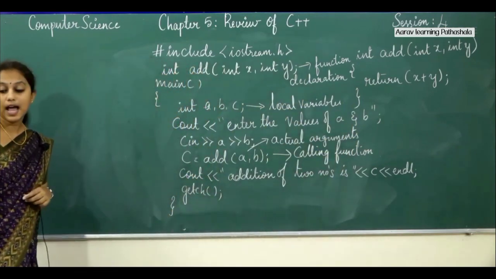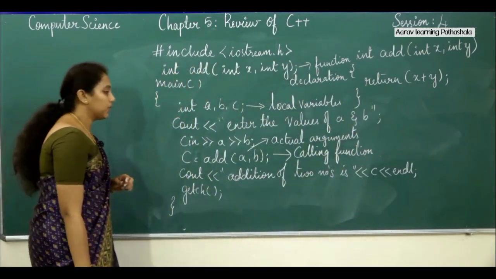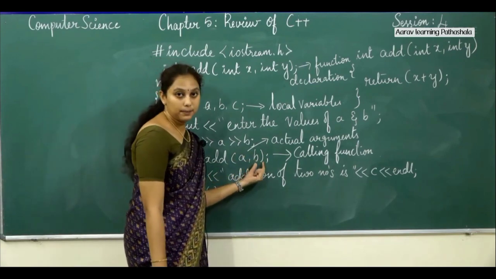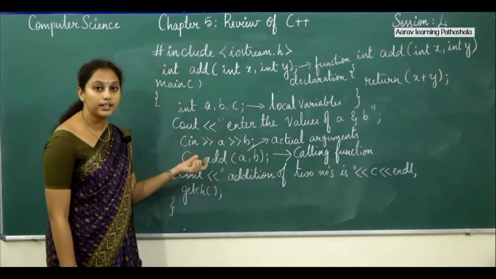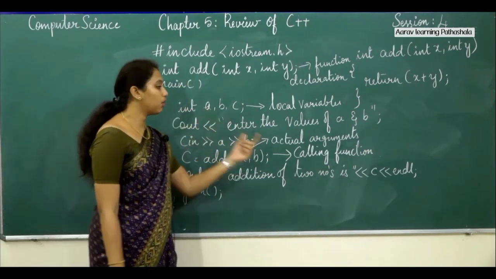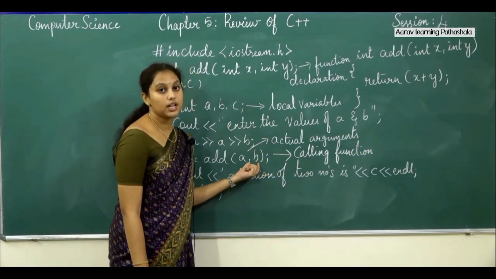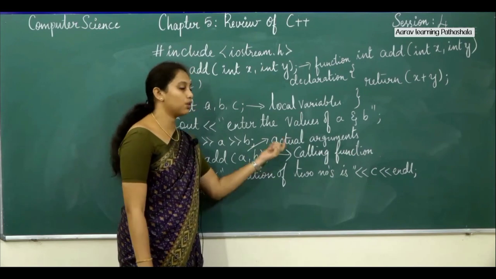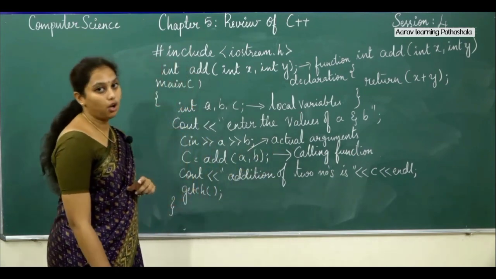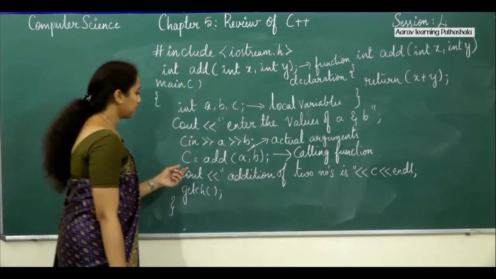Why are they called actual arguments? Because these variables store the values even before they are used in the calling function section. Hence they are called actual arguments.